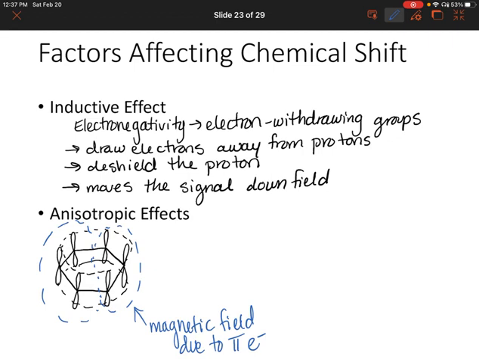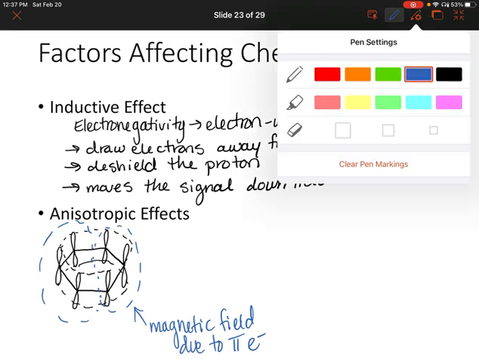Okay, so as those pi electrons are circulating around the ring, that causes that magnetic field, and that's going to de-shield the protons that are attached.